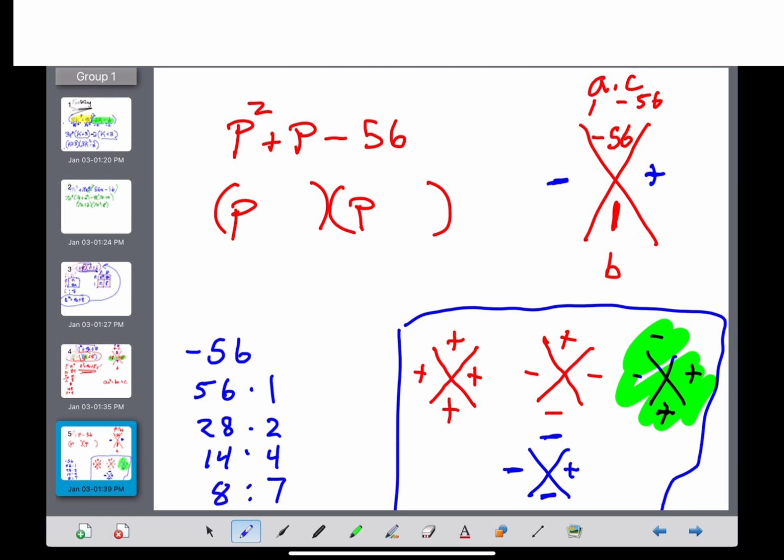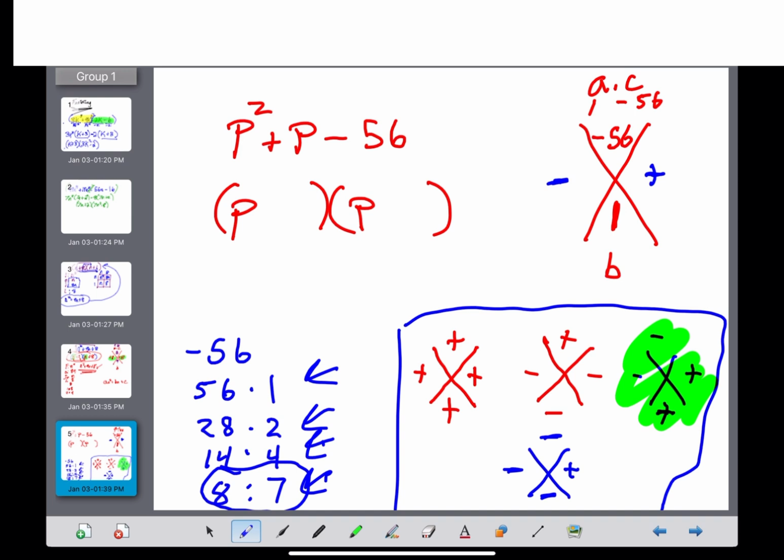Now look at those. Do any of those have a difference of 1? If I made one of them negative, one of them is 55. If I make those negative, it's like 26. The difference between those is 10, right? What's the difference between those two? What do we need our difference to be? 1. So this is what I'm going to use. I'm going to use 8 and 7.